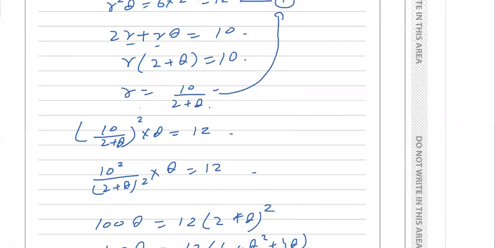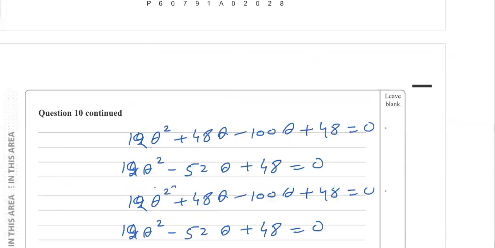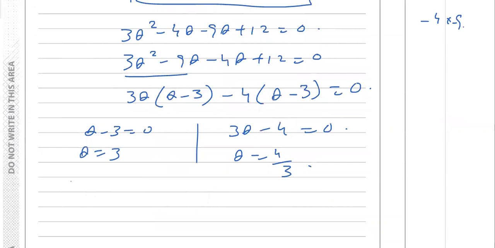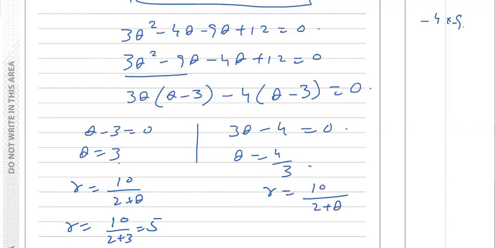Now these values of theta I can put in this equation, r is equal to 10 over (2 plus theta), to get the required values of r. If I have theta equal to 3, r will be 10 over (2 plus 3), that will be 5. And if I have theta equal to 4 over 3, then r is 10 over (2 plus 4 over 3).